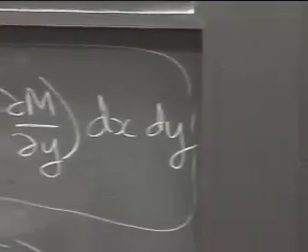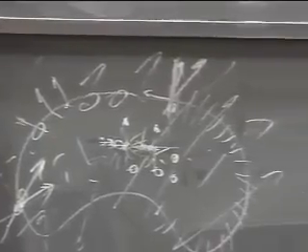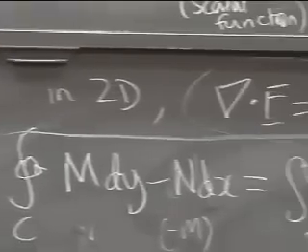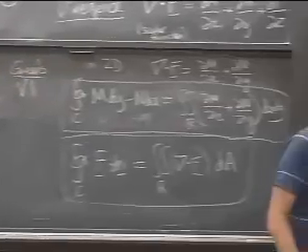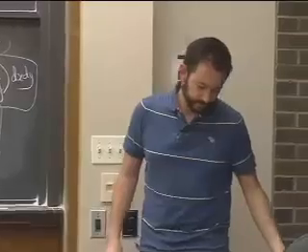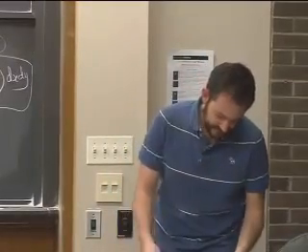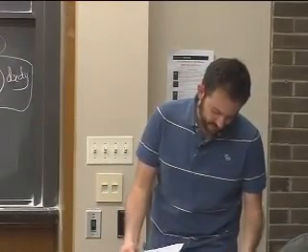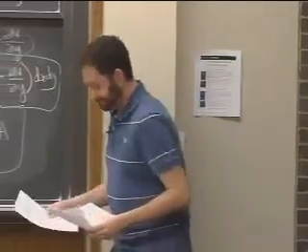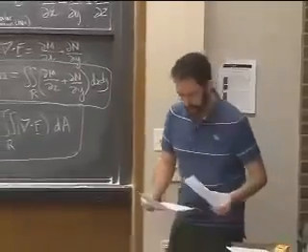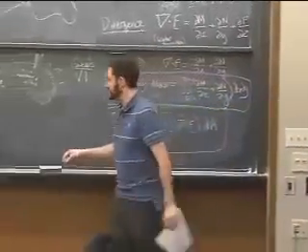So the two versions of Green's theorem are the same in terms of math symbols. However, when you write them like this, they have different physical interpretations, which are equally valid. All right. That's quite a lot of theory in quite a short amount of time. Sorry, one more quick question, and then I'm going to do examples.